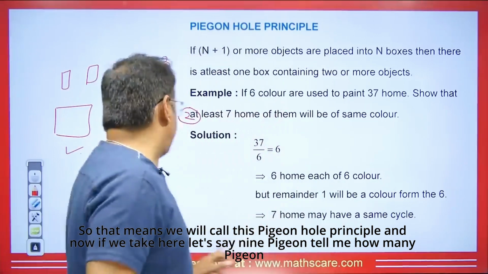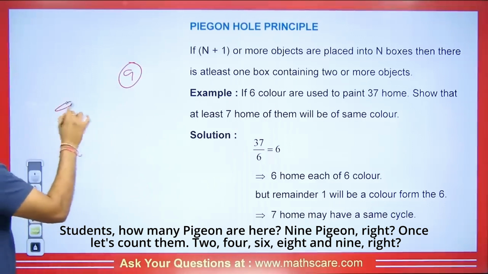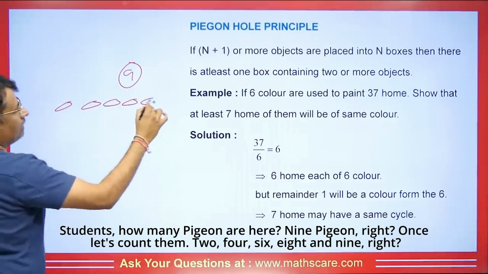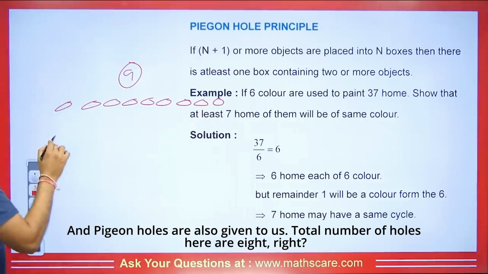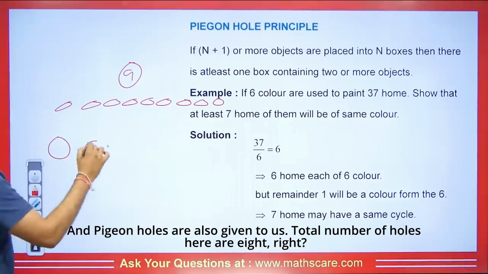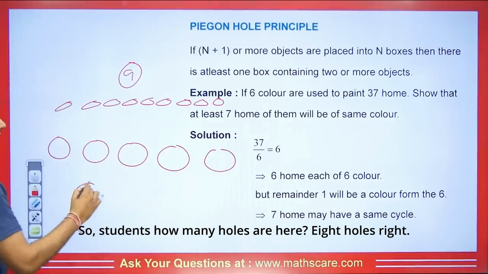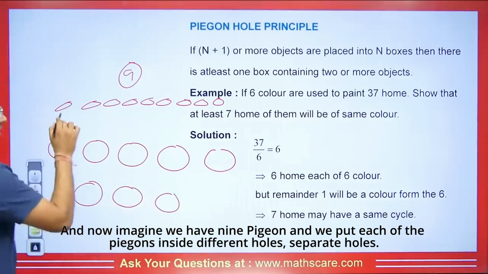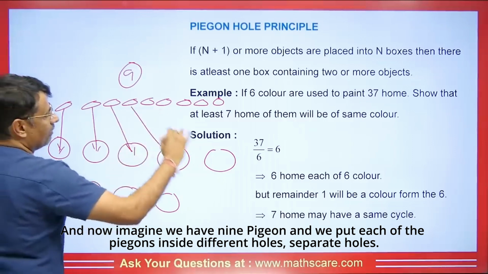Now if we take, let's say, 9 pigeons. Students, how many pigeons are here? 9 pigeons, right? Let's count them: 2, 4, 6, 8 and 9. And pigeonholes are also given to us. The total number of holes here is 8. Now imagine we put each of the 9 pigeons into separate holes.